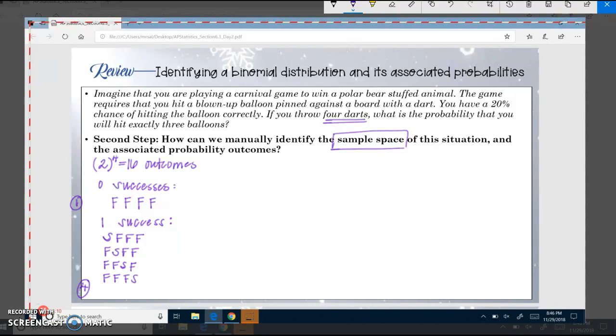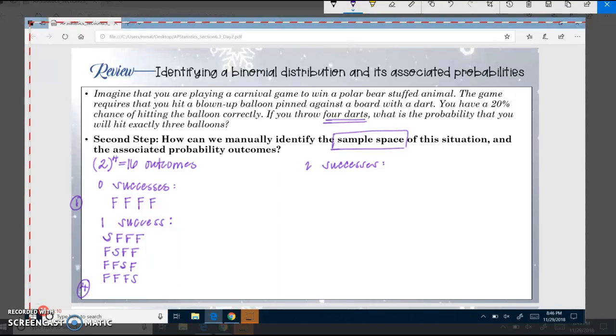Then we want to think about, okay, we have instances for 2 successes, 3 successes, and 4 successes. So 2 successes, let's think through what that could possibly look like. If we have 2 successes, there are a few more different combinations for how we could get those in sequence of all of the different values.